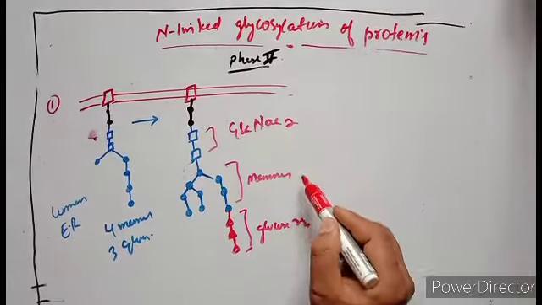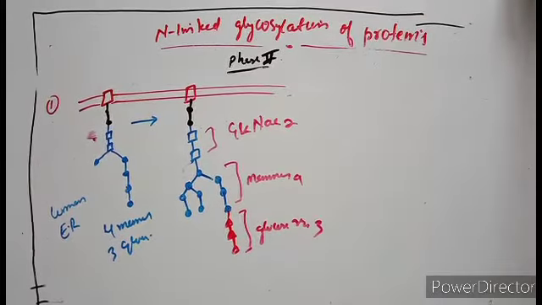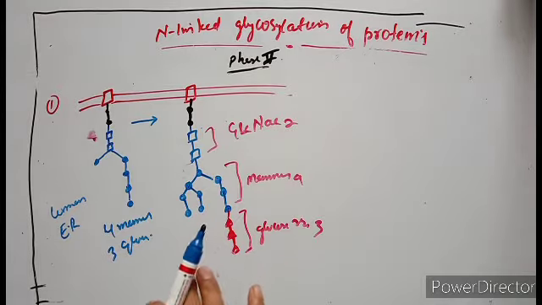Okay, 2, 9 and 3. So in this way the oligosaccharide, or preformed carbohydrate chain, is formed inside and outside of the endoplasmic reticulum.